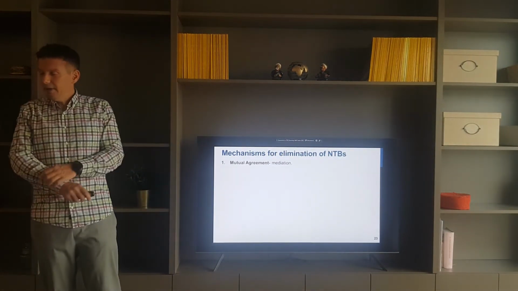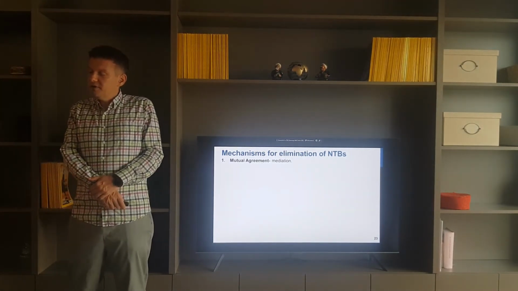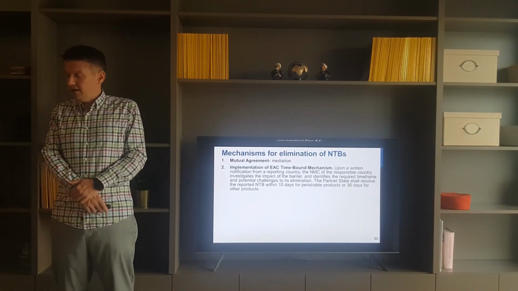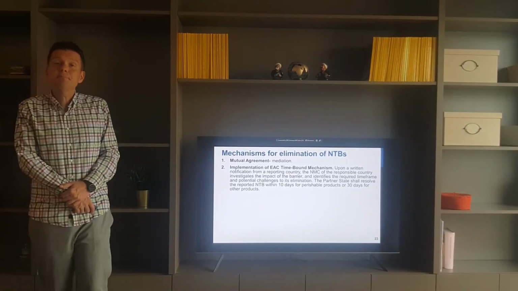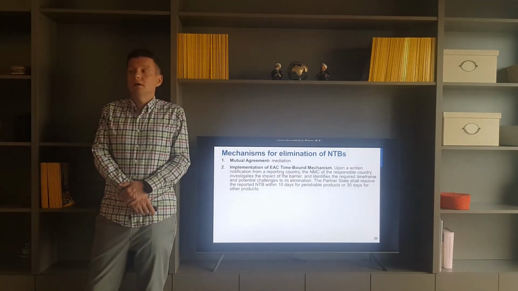Okay, so what are the mechanisms for elimination of those NTBs? So the first one can be a mutual agreement or mediation. The second one can be implementation of EAC time-bound mechanism enshrined in the NTB law.